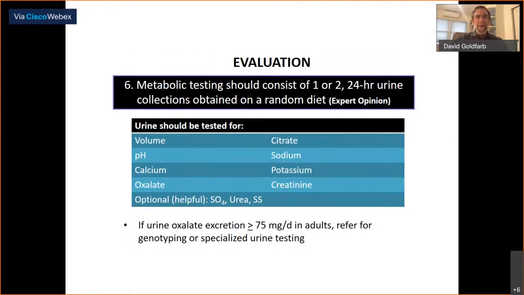And so we're not really going to suspect that rare genetic disease unless we do a 24-hour urine collection and demonstrate a high urinary oxalate, because otherwise we just think of those patients as having calcium oxalate stones like everybody else, although they tend to have more stones, younger onset, of course, and more chronic kidney disease associated with it. But that's a good reason to do a 24-hour urine collection. Next slide.